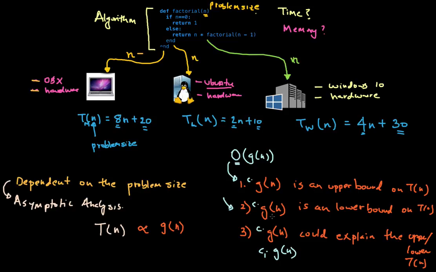And if g of n times c happens to be a lower bound, then this is the big omega that I may use. And if c times g of n and some other constant c1 times g of n are such that c1 times g of n is the lower bound and c times g of n is the upper bound, then here I use the big theta.